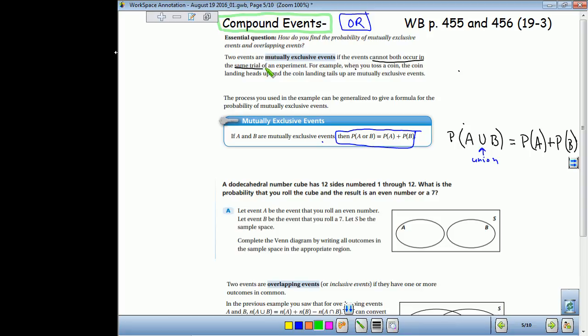Okay, so we have a little bit of new terminology today, and this is terminology that just makes sense. Two events are considered mutually exclusive events if the events cannot occur at the same trial, if they cannot occur during the same trial of an experiment. Okay? So that makes them mutually exclusive if they cannot occur during the same one trial.